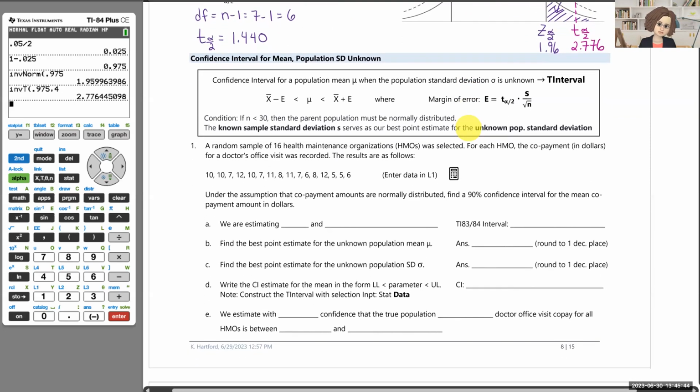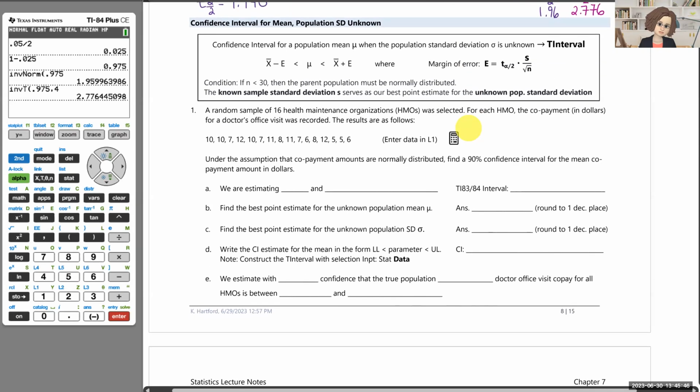So basically, if we are going to construct confidence intervals for a mean, and the population standard deviation is unknown, then in our formula for margin of error, it looks very similar to our previous formula, but instead of a z, we see a t. And here where there's an s, previously there had been a sigma when we had known sigma. So in this section, s, the sample standard deviation, is our best estimate for the unknown population standard deviation.